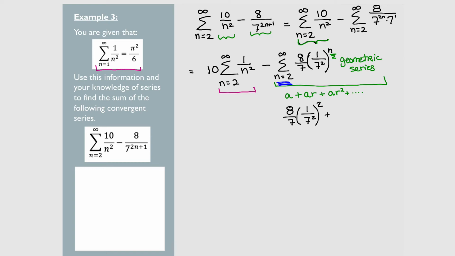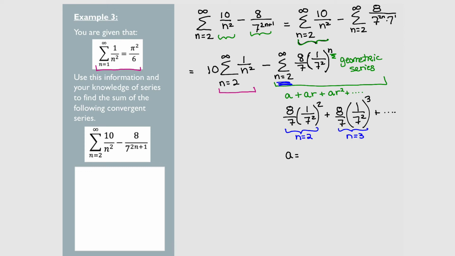My second term is going to be 8/7 times 1 over 7 squared to the third power, n equals 3, right? So I started, and I'll just emphasize, I started with n equals 2 this time, and that means now I have n equals 3, and etc., etc., etc. So when I look at my geometric series this way, what is my A term?